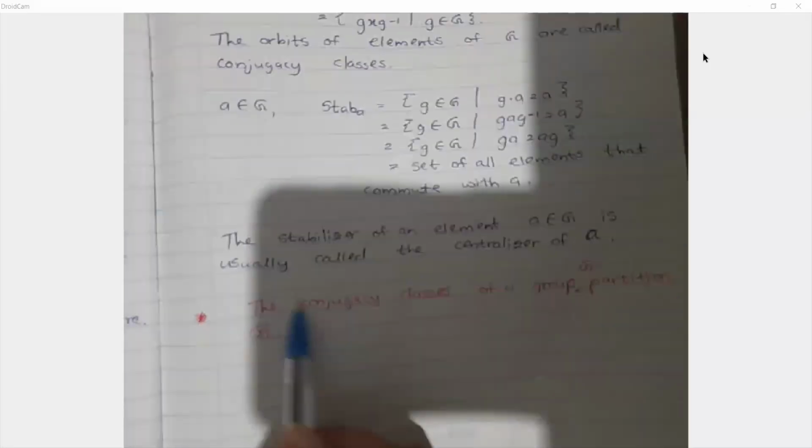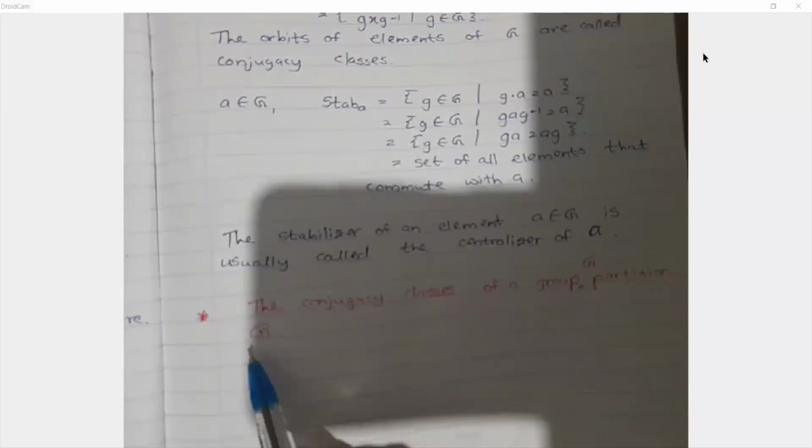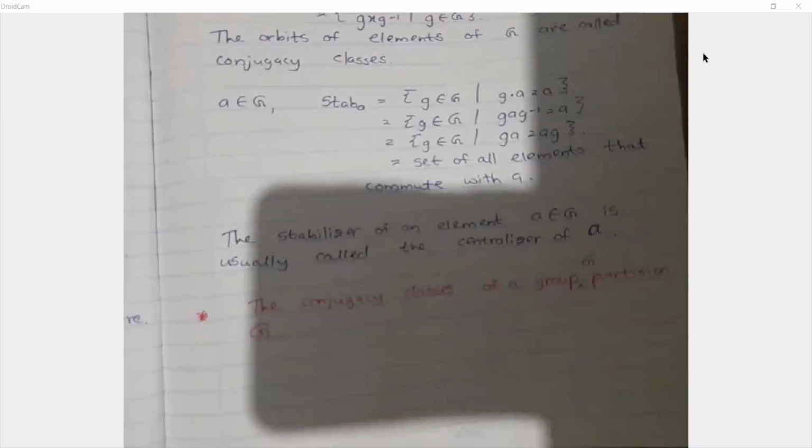If we go back just a few moments ago, I told the conjugacy classes of a group G partition G, right? So when G is finite, you have a finite number of orbits, right? So under this action, conjugation, you have a finite number of conjugacy classes.